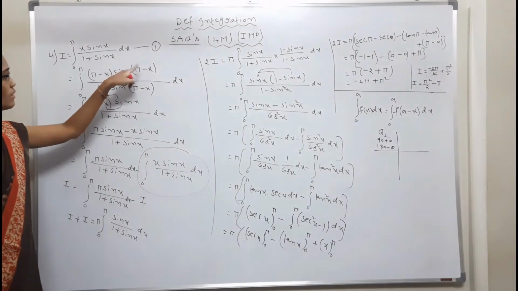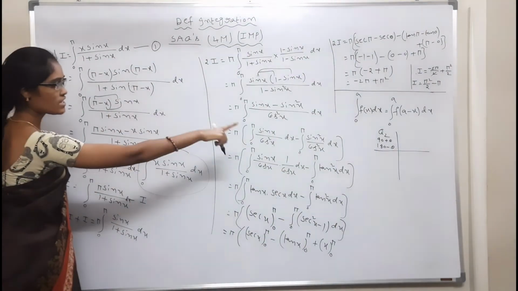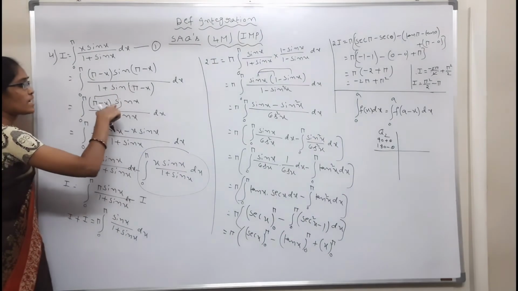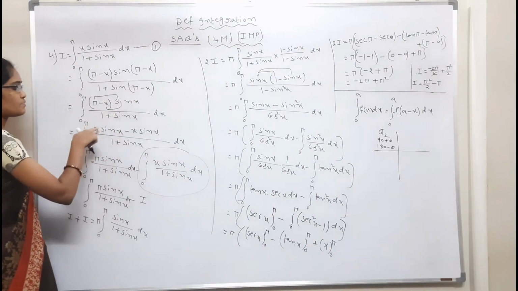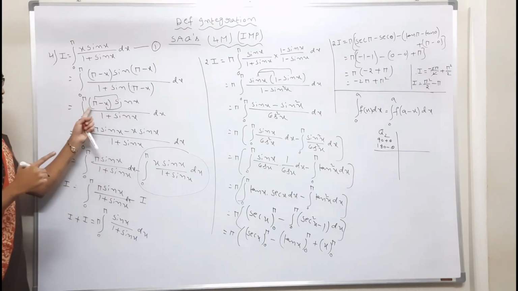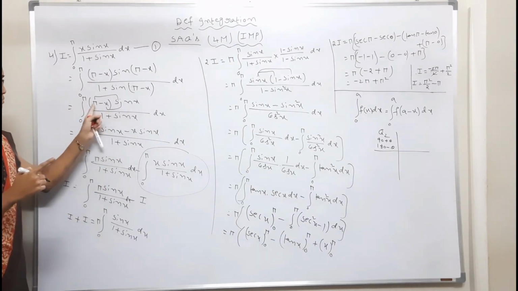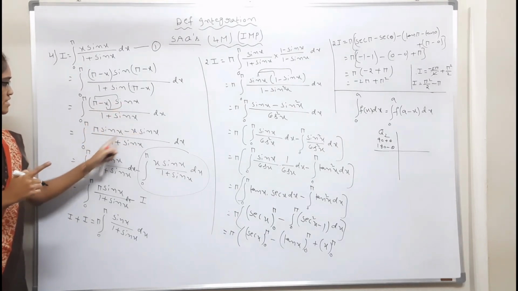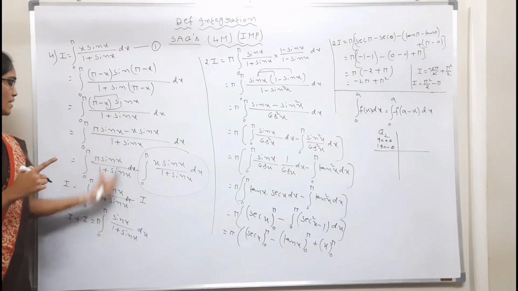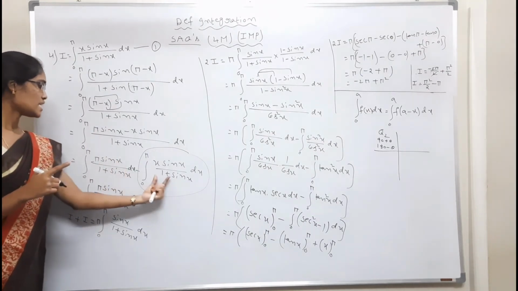This is sin of 180 minus theta, which is in the second quadrant. In the second quadrant sin is positive, so sin of 180 minus theta is equal to sin x. In the denominator also 1 plus sin x. Again multiplication with sin x: pi into sin x, pi sin x minus x into sin x, minus x sin x by 1 plus sin x. Again separating with the denominator 1 plus sin x.